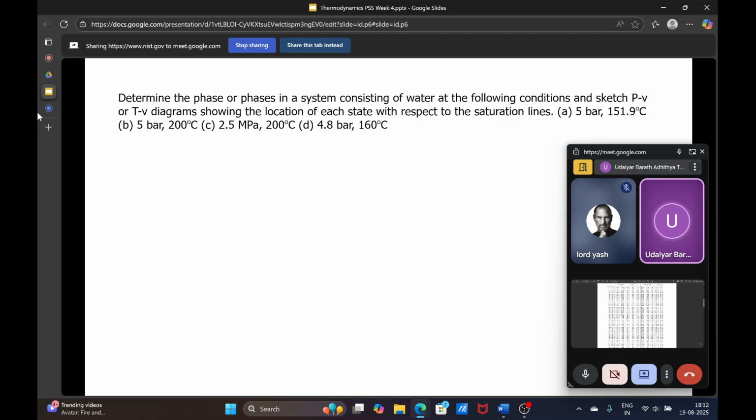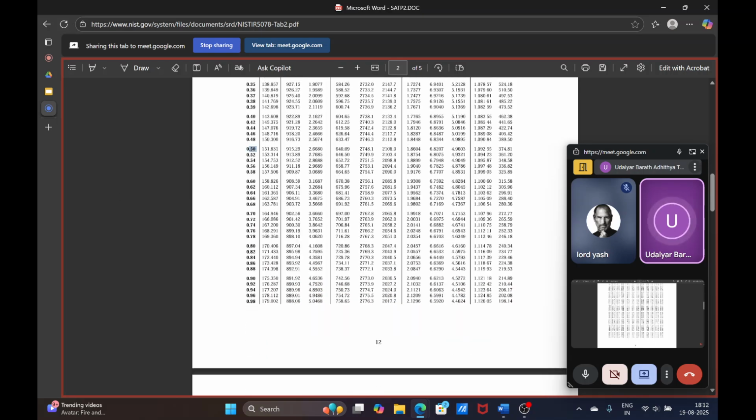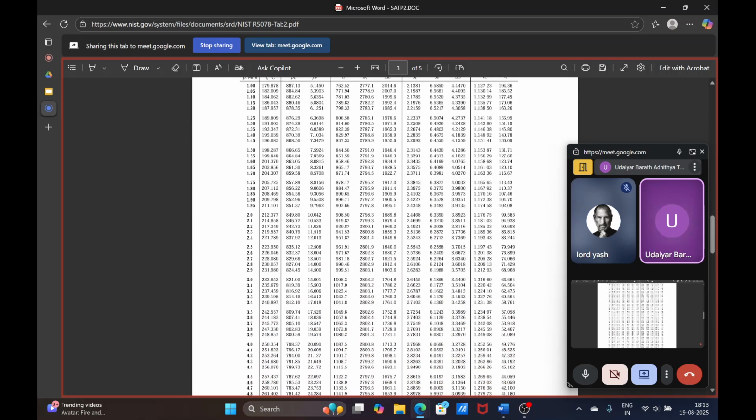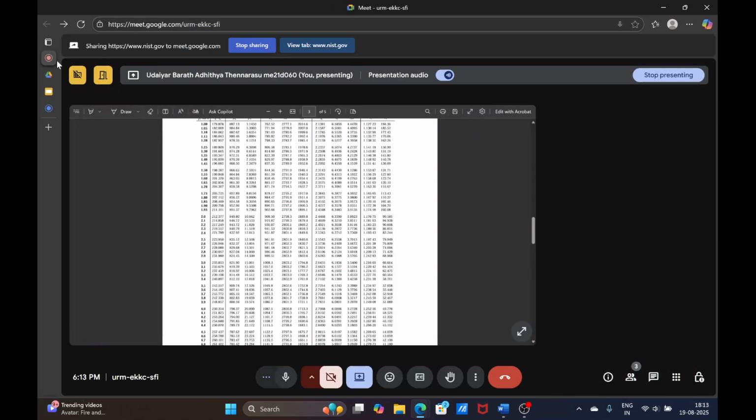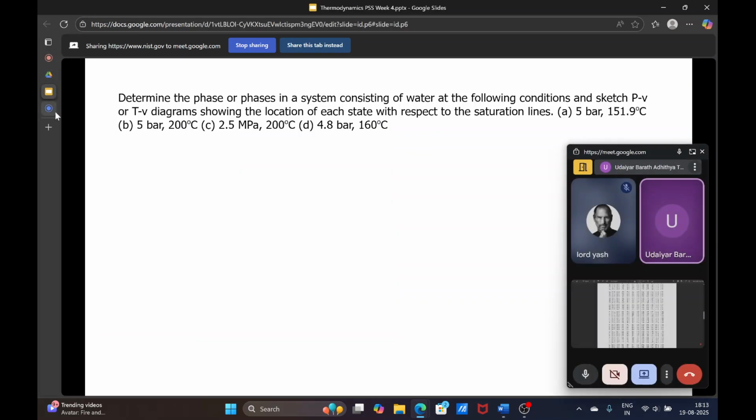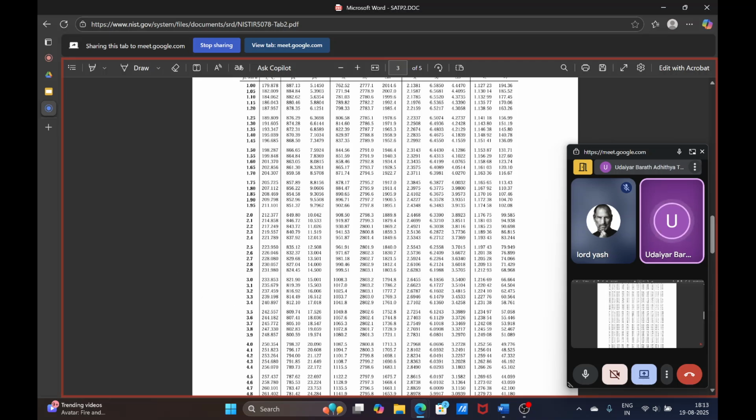Then the third question is 2.5 megapascal and 200 degrees Celsius. So we need to go to 2.5 megapascal and find 2.5 and 200. Here your saturation temperature is 223.95.